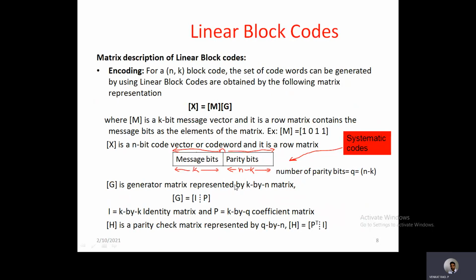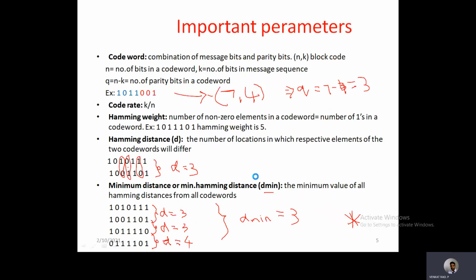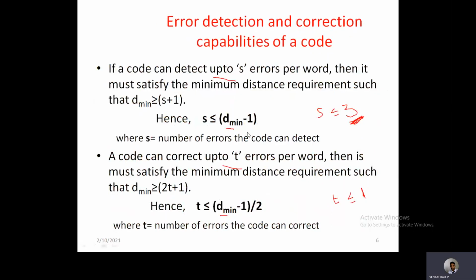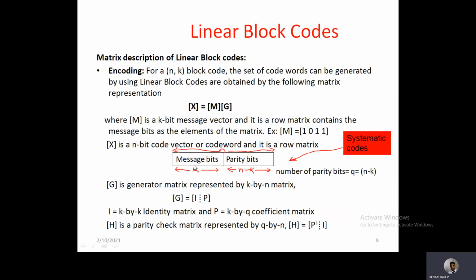G is a generator matrix which is defined by the designer, which is represented by a k by n matrix. So M is multiplied with G so that X will be produced. What is X here? X is nothing but an n-bit code word, the code word obtained after the encoder. This code word obtained finally after the encoder is known as X, containing n bits, and the message bits contain k bits. So that is the (n, k) block code. So finally X is the n-bit code word.